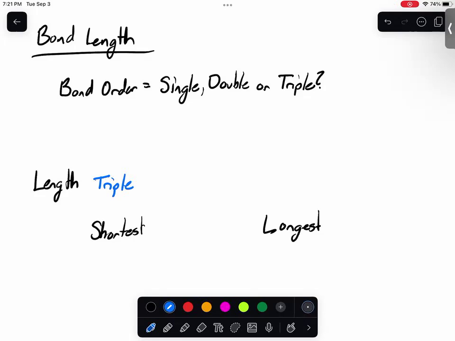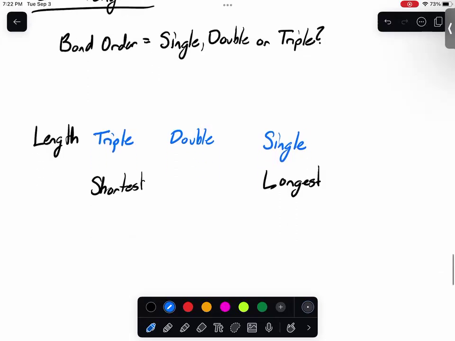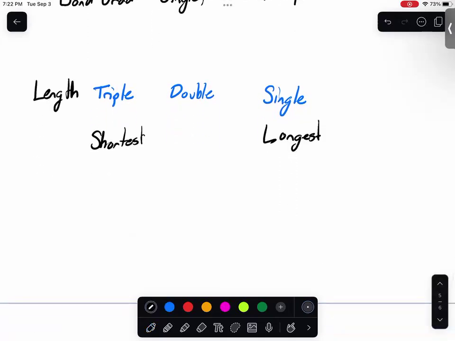That means our second shortest bond is a double bond, and then our longest is going to be single bonds. That's the easy trend to talk about, right? Because essentially we're just thinking about, oh, how many bonds are there? The more bonds there are, the closer things are going to be. But whenever it comes to hybridization, hybridization plays a role because you can imagine more s equals closer nuclei.